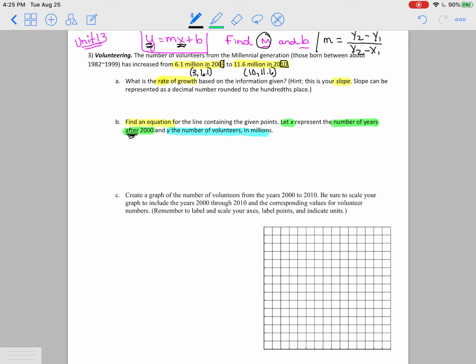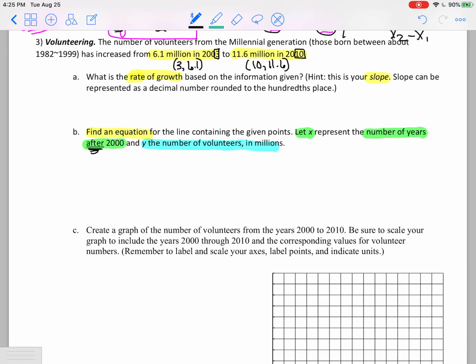And of course, as we talked about before, our job now in order to write an equation is to find our m and find our b. You can see that in A it's asking us to find our m, right? So we know with 2 points we can use our handy dandy formula here.